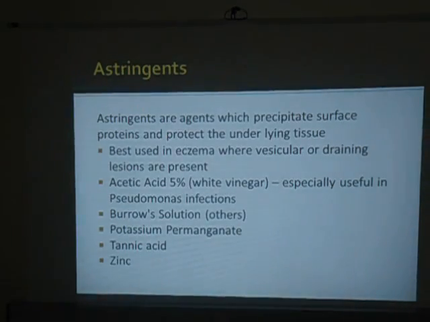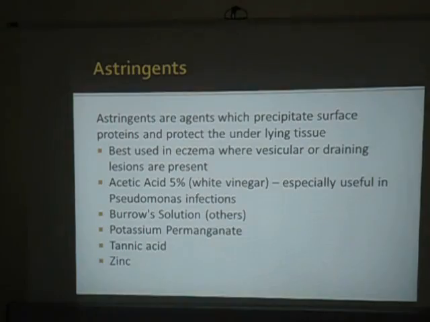We have discussed this term astringents. Have you heard of it? Astringents are substances which precipitate the surface proteins and prevent the underlying surface from coming into contact with the atmosphere.